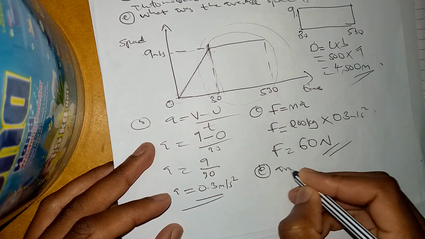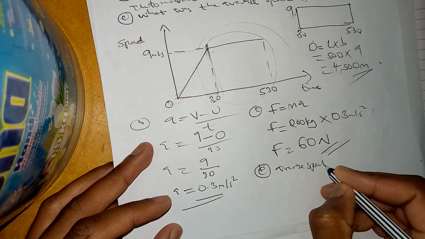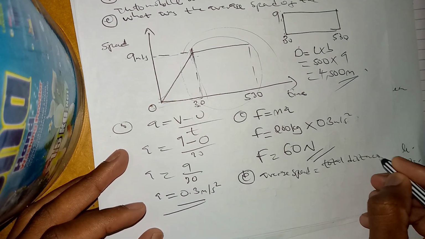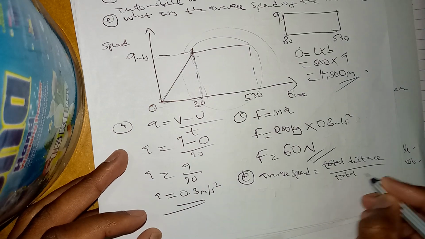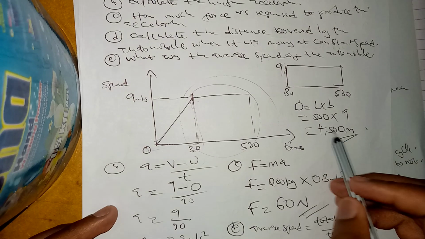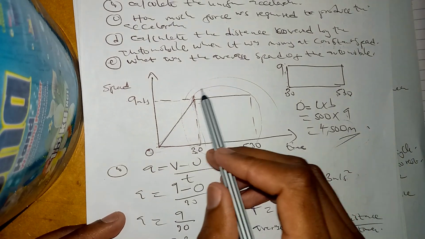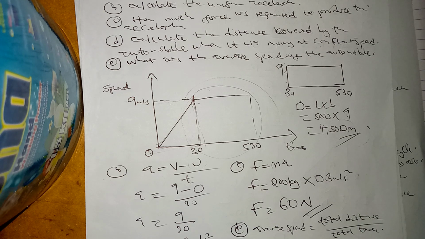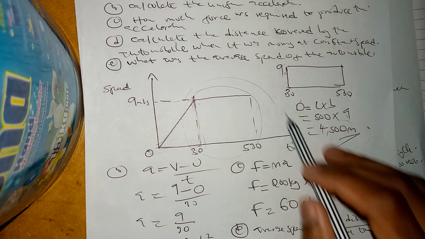Average speed is total distance over total time. Now for total distance, you're not going to use the 4,500. No, this is just for this section. This is why the mistake comes in, because you use the other answer to solve the other question. So you have to understand.